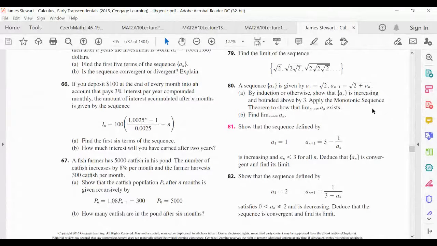Yeah, so make a statement. Let the statement P_n be something like 0 < a_{n+1} ≤ a_n ≤ 2.